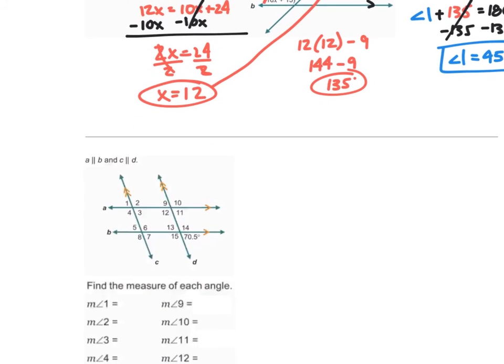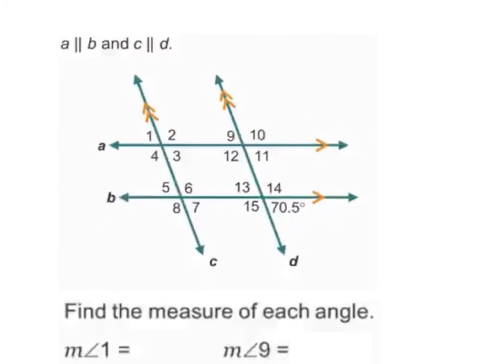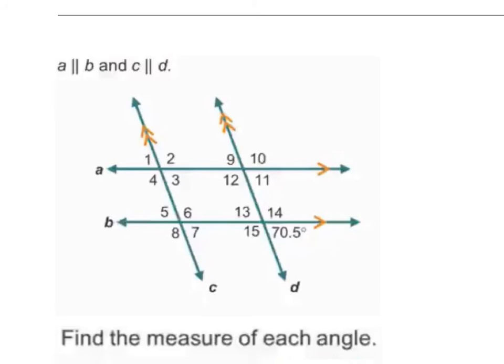All right, now this one is very interesting. Lines A and B are parallel, indicated here by this statement, and also by the arrows here. C and D are also parallel, indicated by the arrows and by this statement.